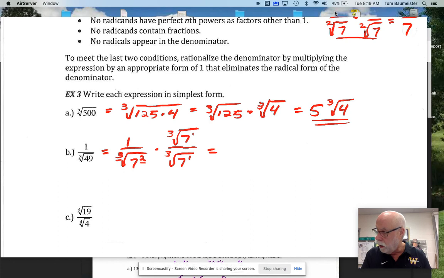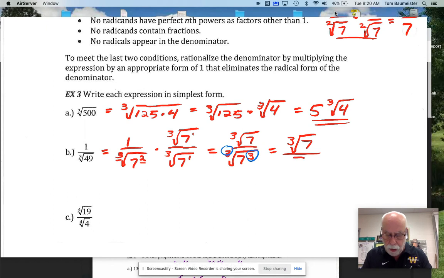Because now, on the bottom, I'll have the cube root of 7 cubed, and on the top the cube root of 7. Since I have a cube here and a cube here, they can go away, and it just becomes the number. So the top, I had 1 times the cube root of 7, so I'll have the cube root of 7, and on the bottom, I will have 7.